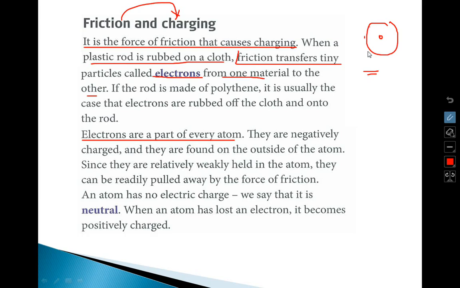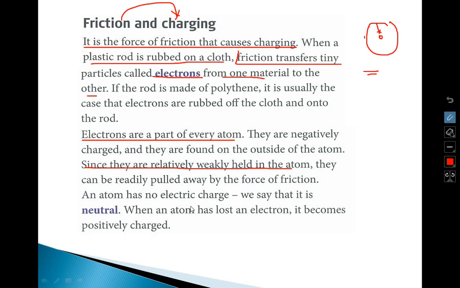Electrons are always negatively charged, and they are found on the outside of the atom. Since they are relatively weakly held in the atom compared to the protons and neutrons, they can be readily pulled away from it.